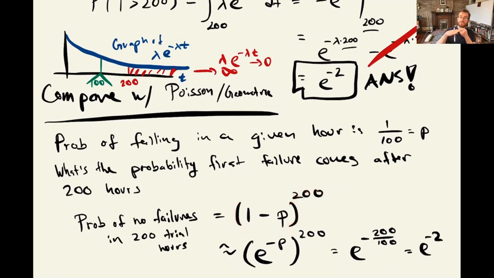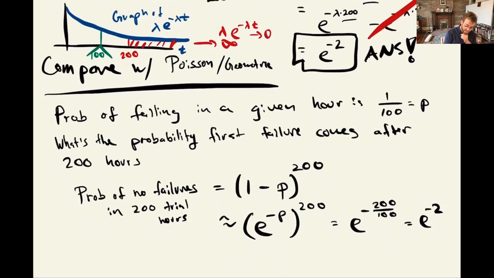Now, if we use this small approximation, this Taylor approximation to e to the minus x, I can think of 1 minus p as being roughly equal to e to the minus p. This is nice because I can then just use my exponential function instead of typing in something raised to the 200. If I do that, e to the minus p raised to the 200 is just taking 200 times p in the exponent, where p is 1 over 100.